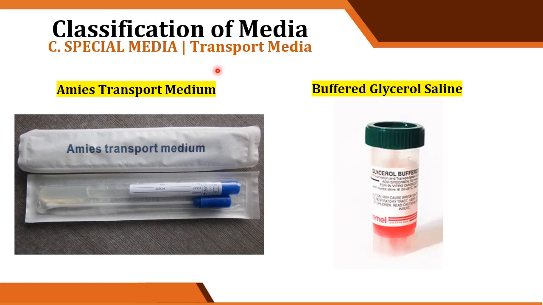Ayan. Examples ng transport media, we have Amies transport medium, and Stuart's transport medium, and Amies are used for mga gonococci. Ito naman, buffered glycerol saline, usually used for enteric bacilli.